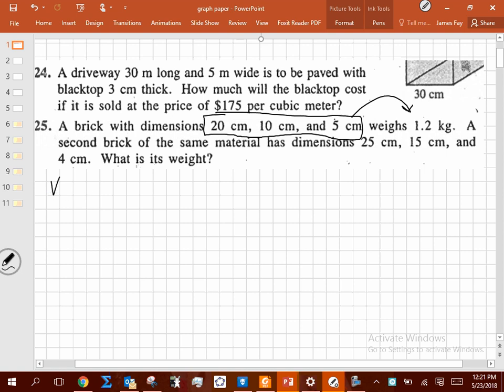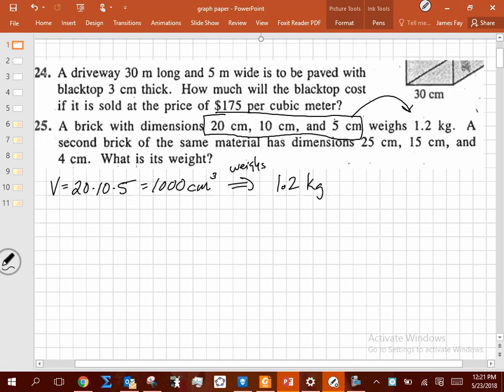But if I find the volume of the brick, it's 20 times 10 times 5, which turns out to be 1,000 cubic centimeters, right? But it weighs 1.2 kilograms. Do you see it? That's a conversion rate. For every 1,000 cubic centimeters that I have, it's going to be 1.2 kilograms, right?